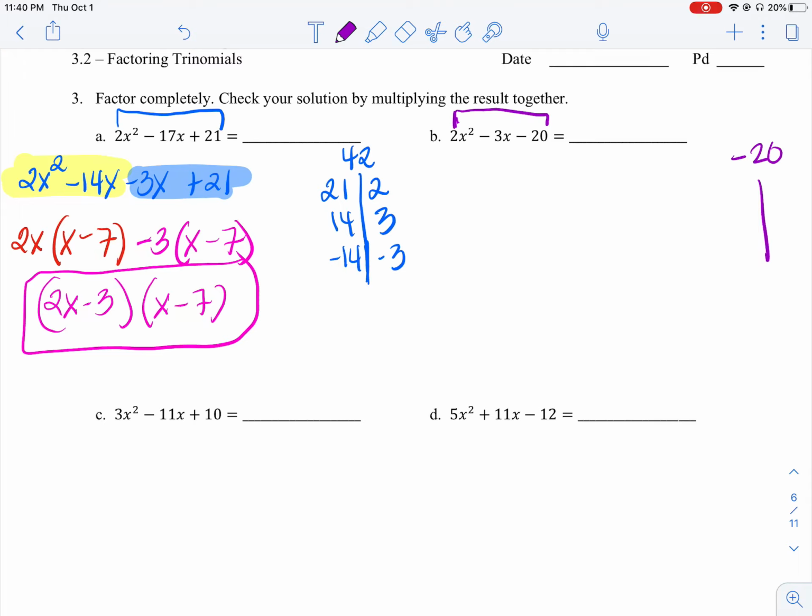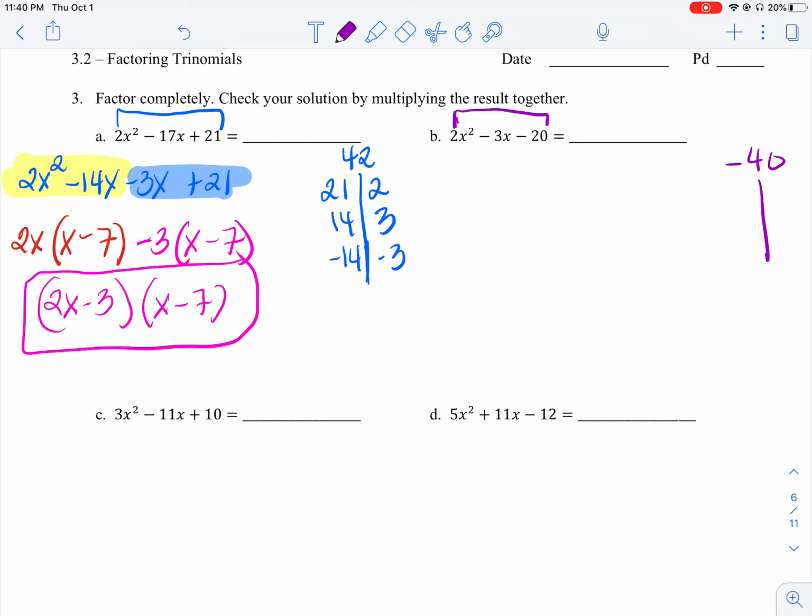It doesn't give us a 3. What about 5 and 4? Nah, it doesn't give us a negative 3. Oh, why am I putting 20? Oops. Rewind. I meant negative 40.